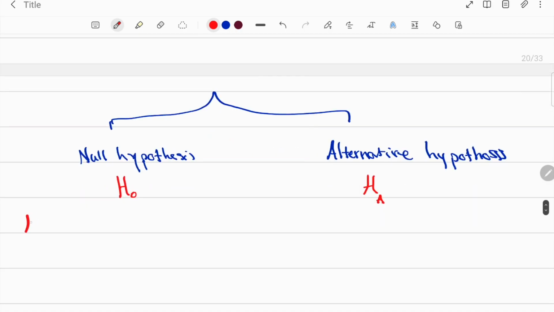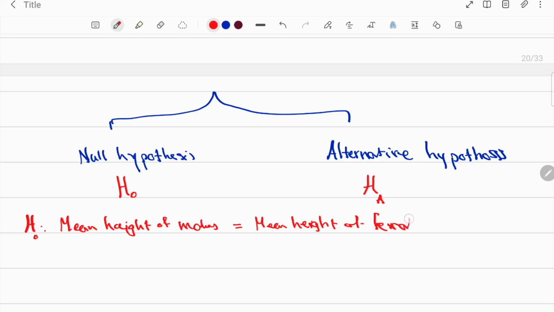Examples. H naught can be the mean height of males equals the mean height of females, let's say. Right? There's no difference. Again, there's no difference.